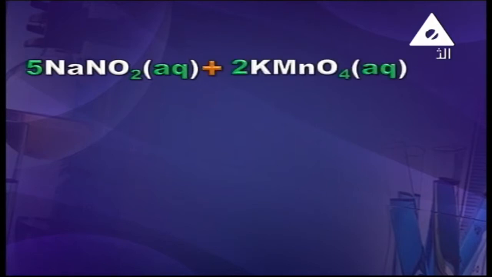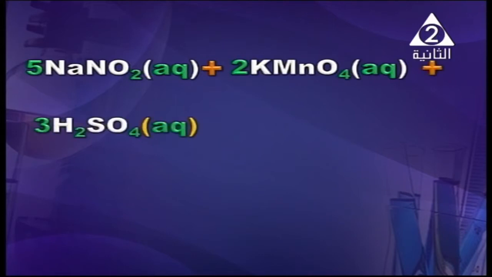5NaNO2, sodium nitrite, added to potassium permanganate, 2KMnO4 in aqueous solution, added to sulfuric acid to make an acidic medium. Not a basic medium, acidic. What happened now?